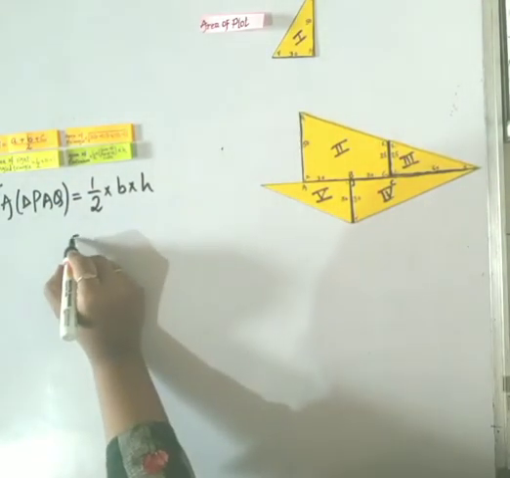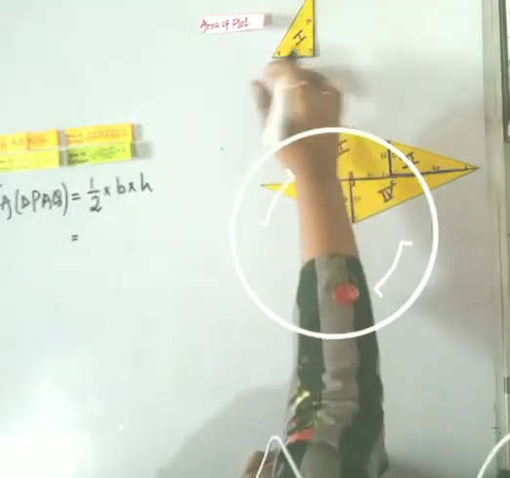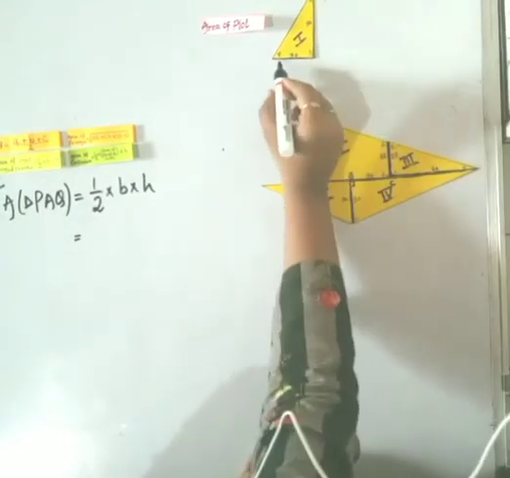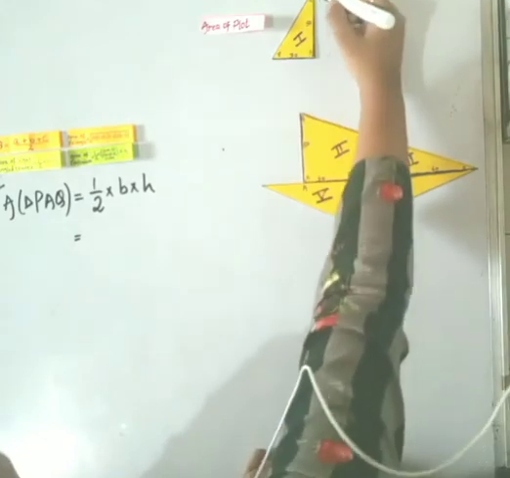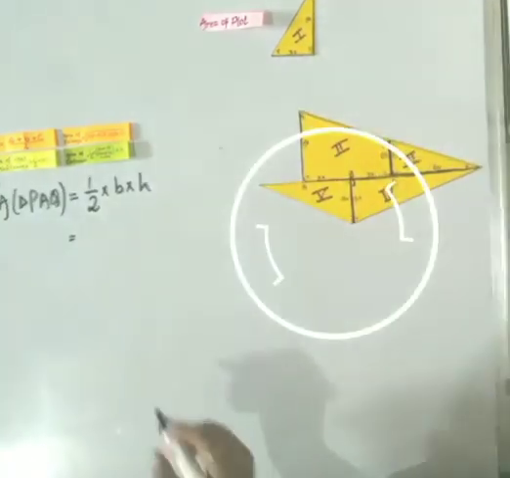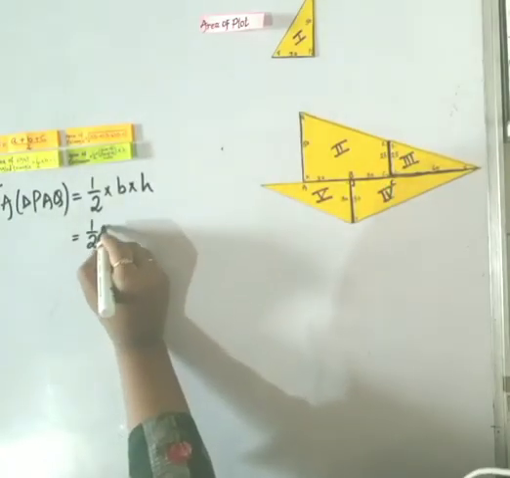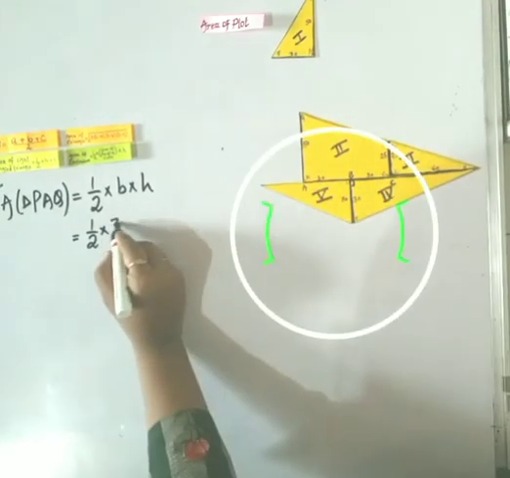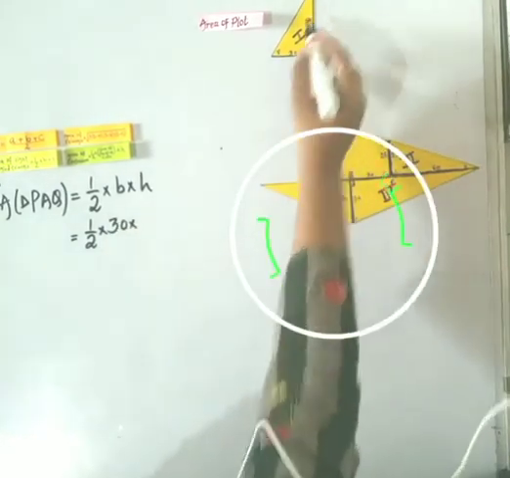So let's put the values here. In this right angle triangle, the right angle is forming at A. So PA would be the base and QA would be the height. So 1/2 into base, which is 30, into height, which is 50.